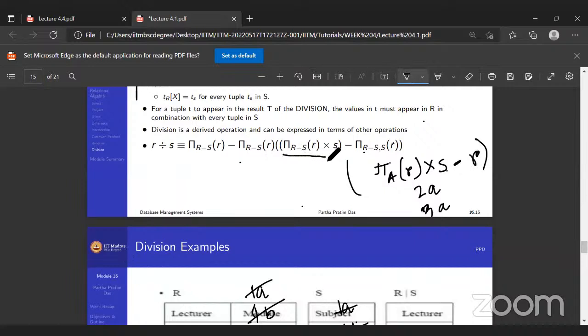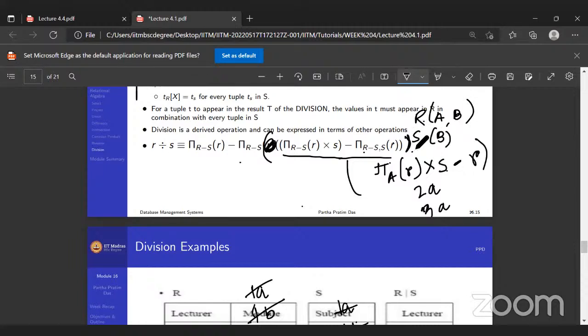So we evaluate up to this part. There is one mistake here in the slide: this is the parenthesis. From here we need R minus S. R consists of A, B, hence S is B, right?